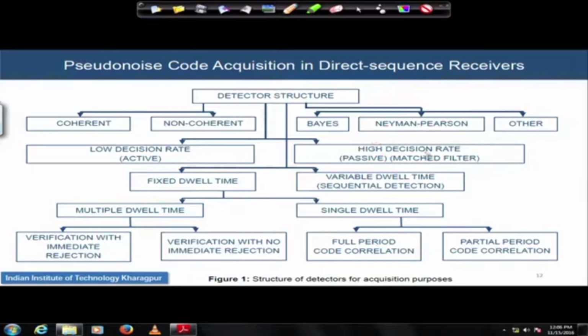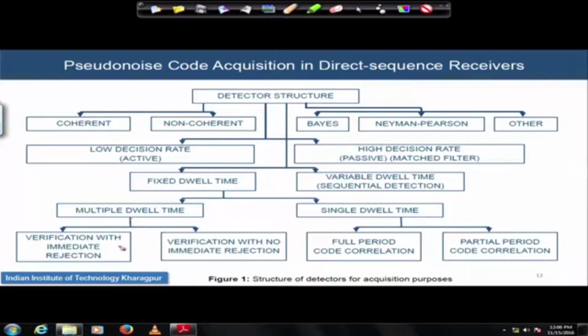High decision rate ones are usually matched filter based passive correlators, and here the active correlators are involved for the low rate. Then whether you are using a fixed dwell time or a variable dwell time. If you have a fixed dwell time, then whether you are using a single dwell time or multiple dwell times.